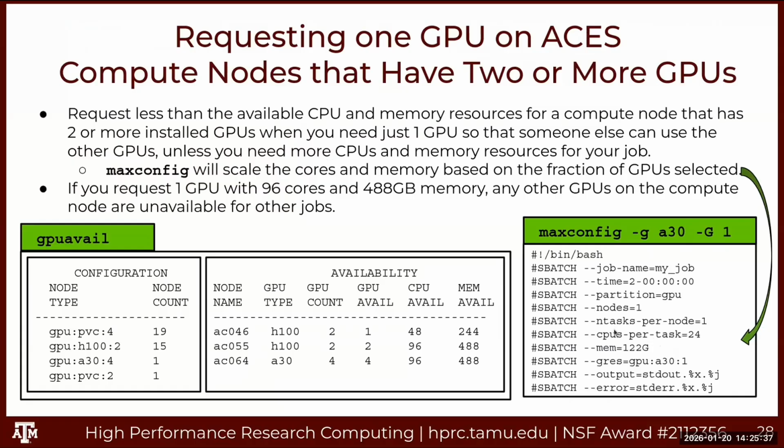If you're using one GPU and all the memory, then the other GPU is unavailable. So just be aware of resource usage. If you're not sure, run a test job and look at the resources used, and I'll show you some ways to look at resource usage after your job is completed.